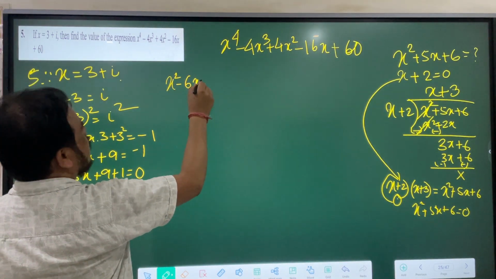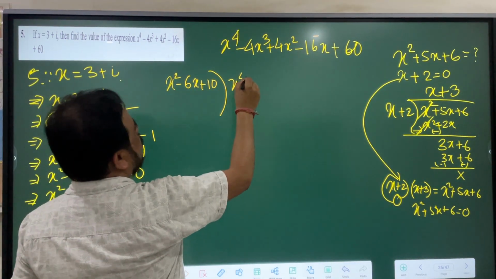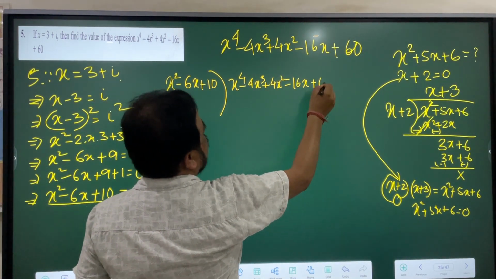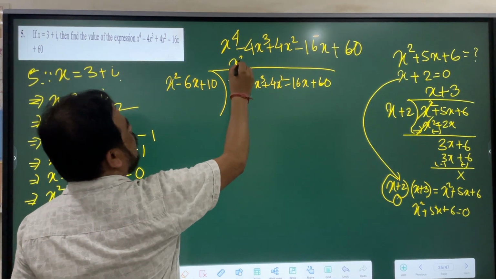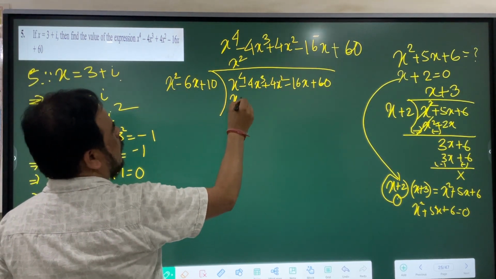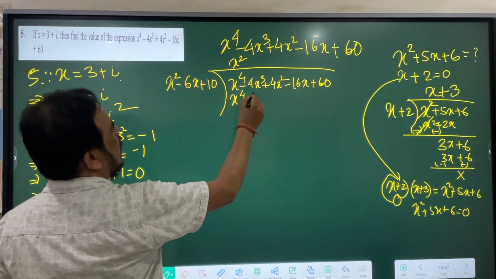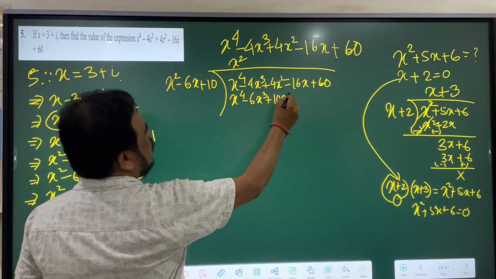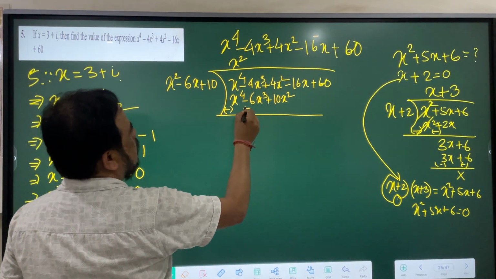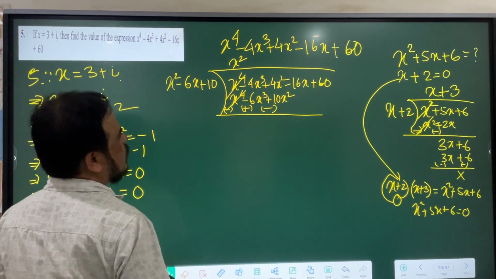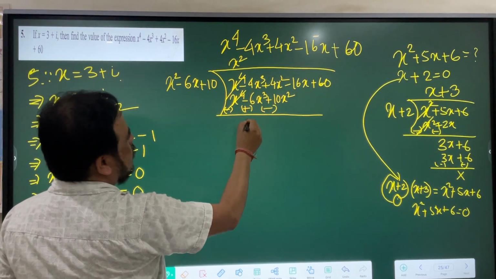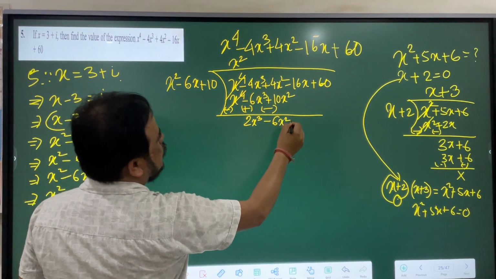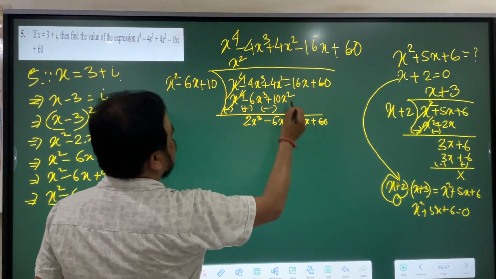x square minus 6x plus 10. We will divide x to the power 4 minus 4x cube plus 4x square minus 16x plus 16. First x to the power 2. x square into x square, x to the power 4, minus 6 into x square, minus 6x cube, plus 10 into x square, plus 10x square, minus plus minus, this cancels, minus 4x cube plus 6x cube, 2x cube minus 6x square minus 16x plus 16.